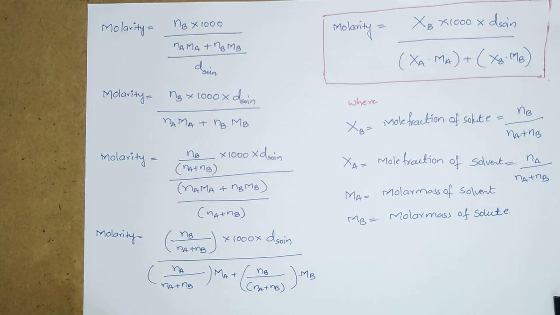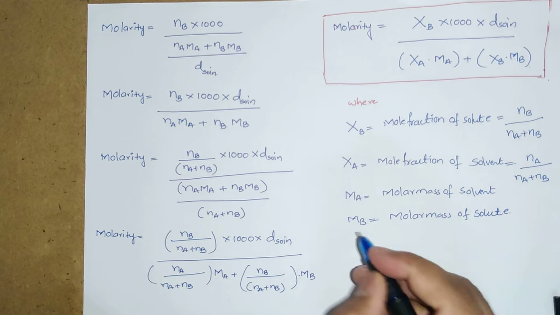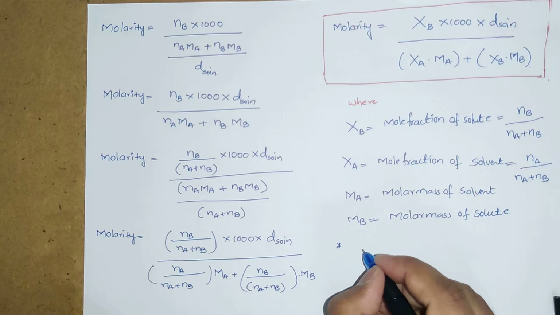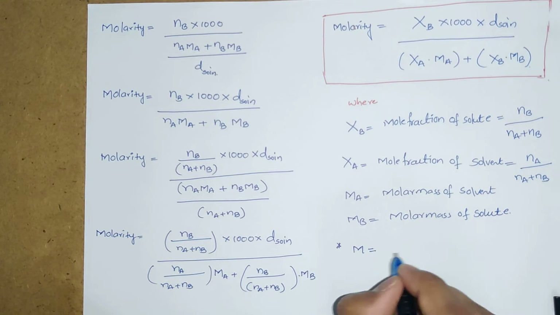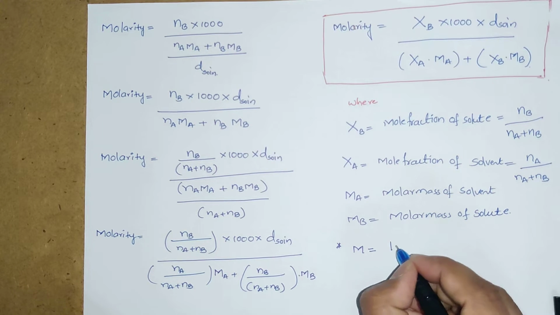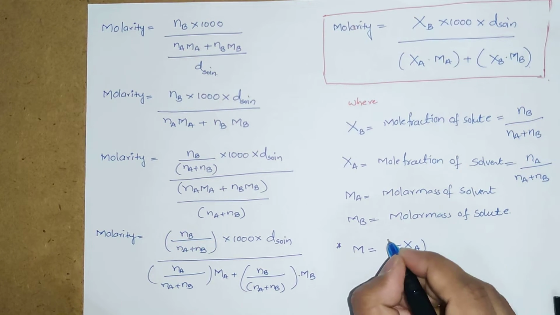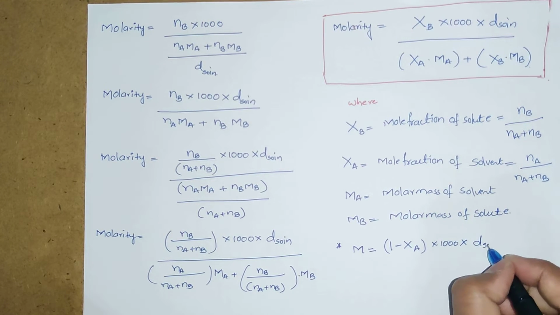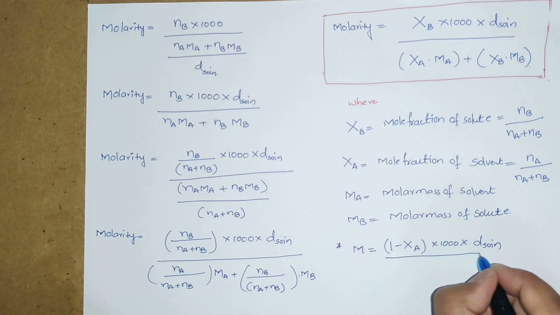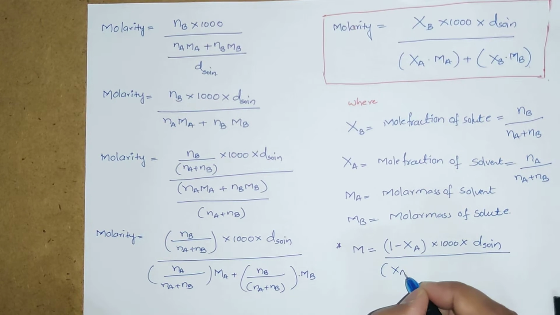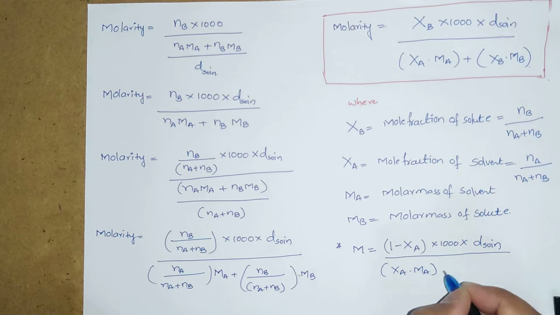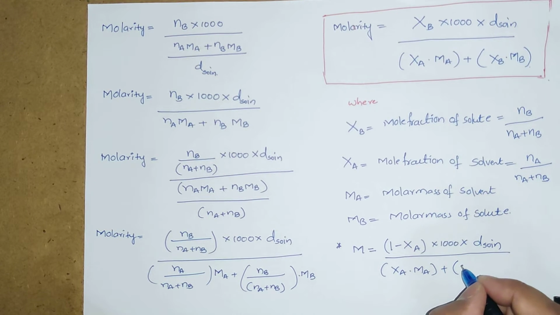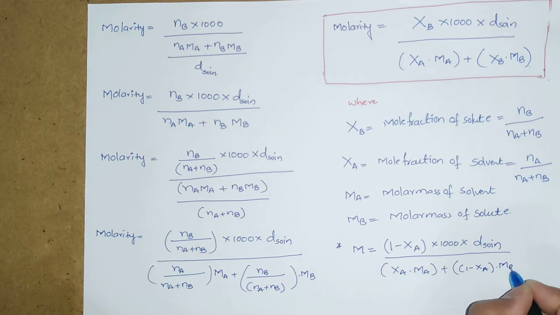The above equation may also be written in terms of any one of the mole fractions, that is molarity is equal to, in the place of XB, 1 minus XA, into 1000 into density of solution, divided by XA into MA plus, in the place of XB, 1 minus XA into MB.